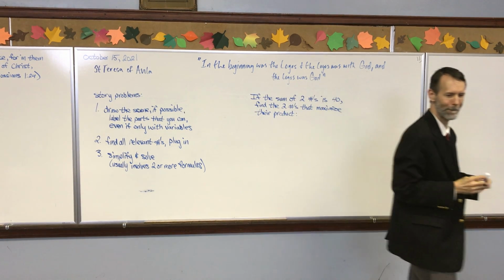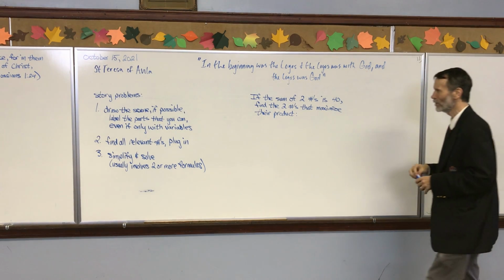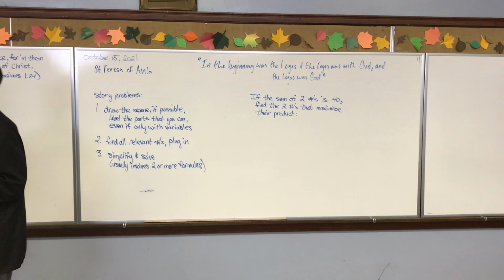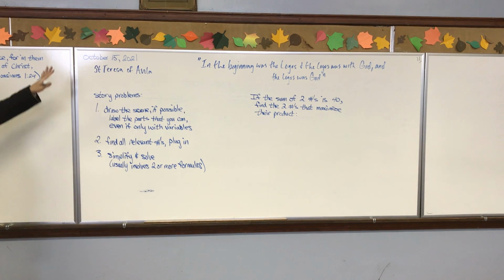Let me write that down. If the sum of 2 numbers is 40, find the 2 numbers that maximize the product. First of all, let's go through this.